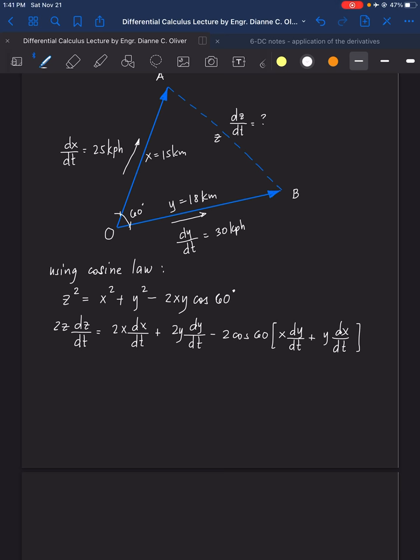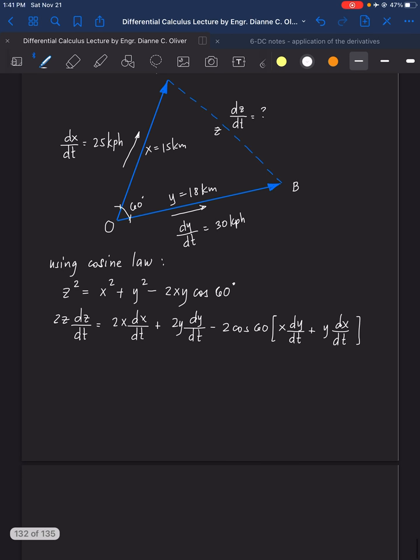Okay, after you differentiate, we now substitute the values.